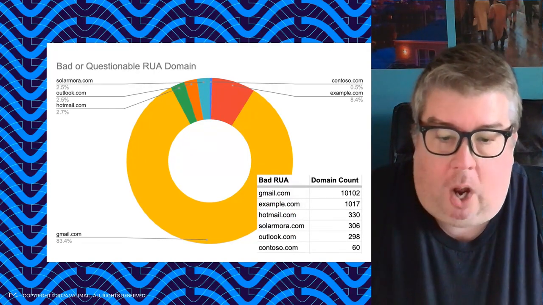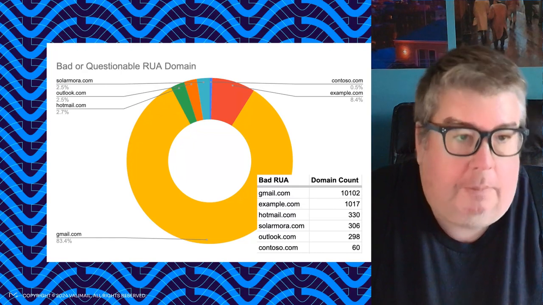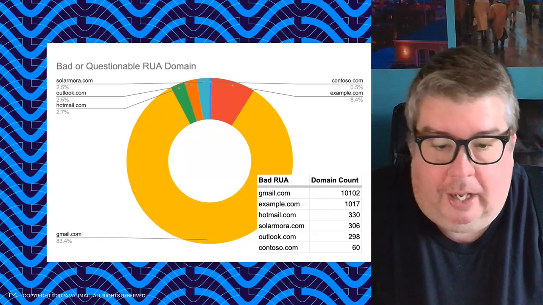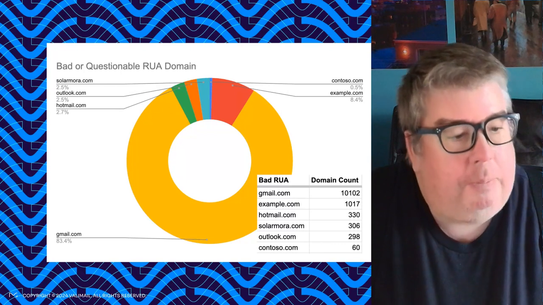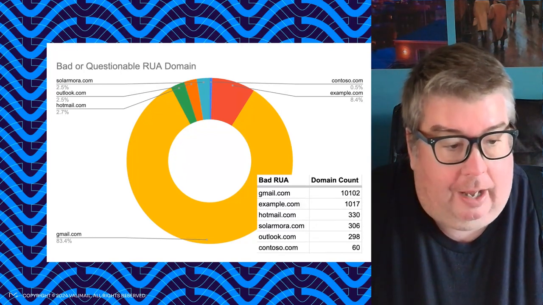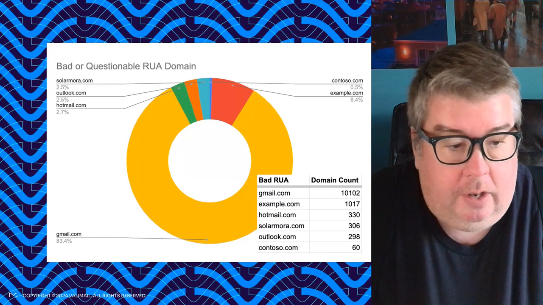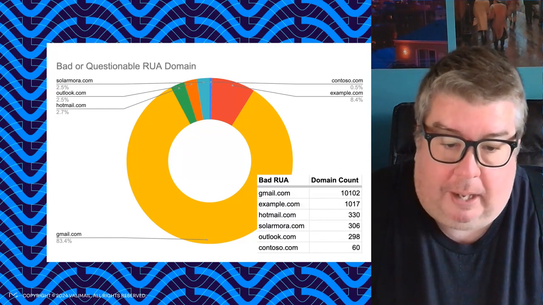Fake domains or wrong domains. There's a lot of those. A ton of people, 10,000 people, put gmail.com as their reporting address in their DMARC record. They might get some reports from some domains that don't check for external domain verification, but many of them do as well, though. So they're not going to get every possible DMARC report that they expect to.